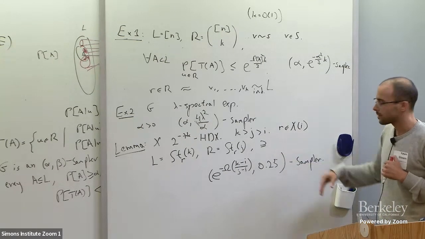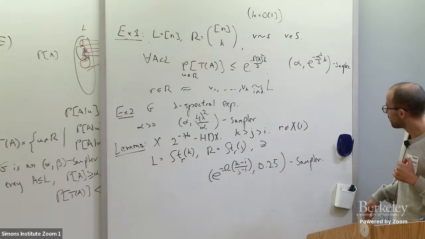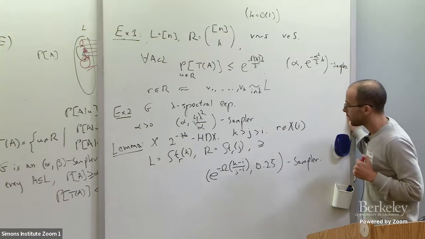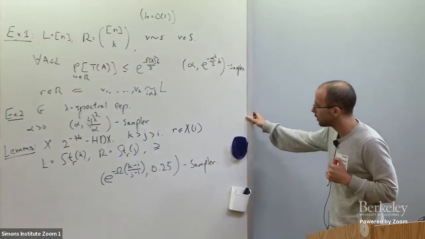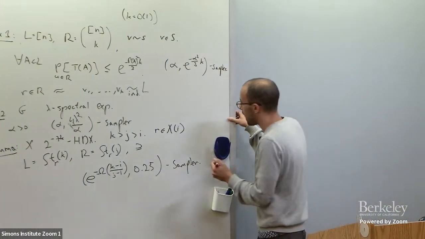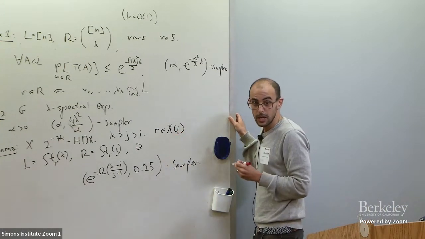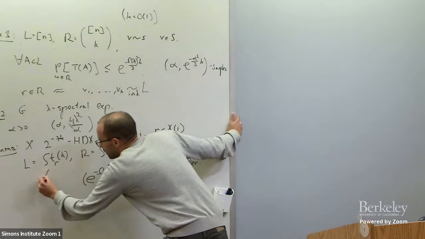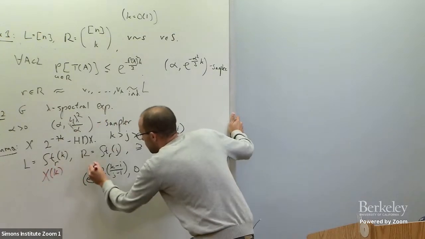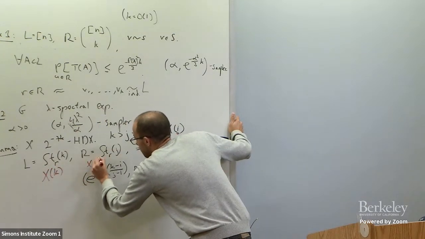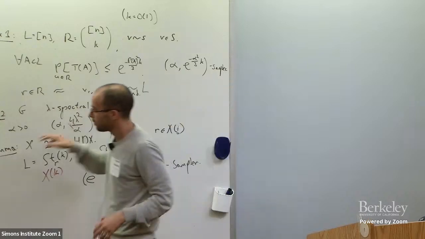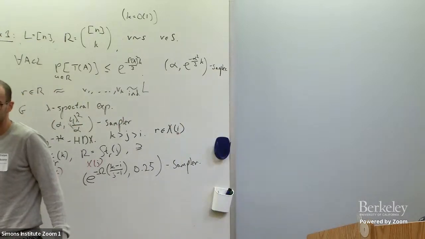But let's talk about this a little. First of all, the first use case that you maybe want to consider is what happens when i equals 0 and r is just the empty set. In this case, this is just X_k, this is just X_j, and we get this containment graph.